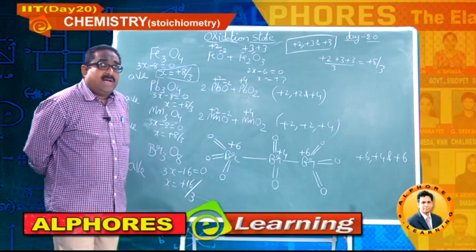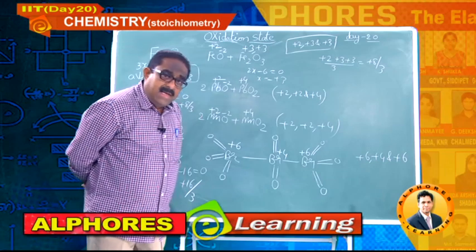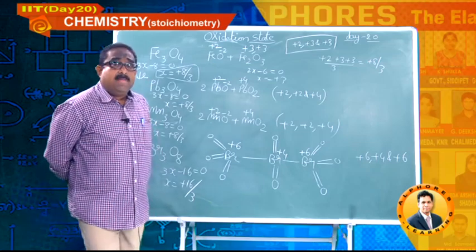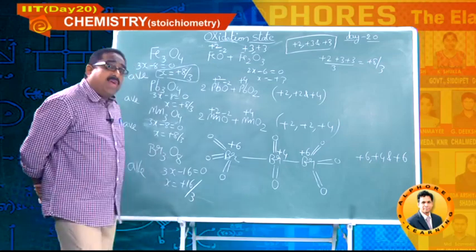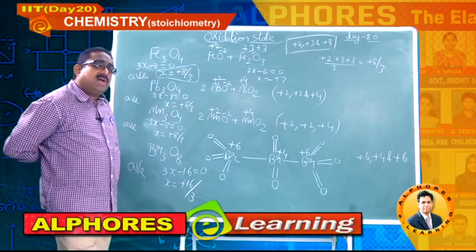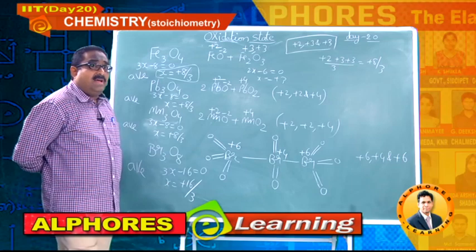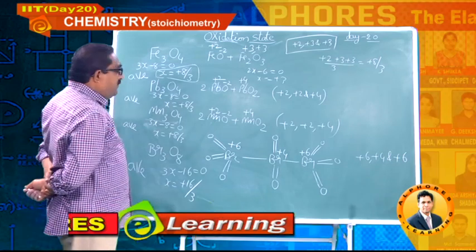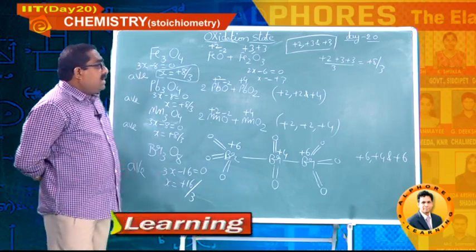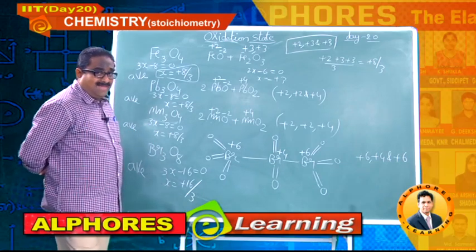So the oxidation state of an atom may be an integer expressed with either a plus or a negative sign, or it may be 0, or a fraction with a positive or a negative sign. These are all the possibilities of oxidation states that can be exhibited by different atoms of different elements. So please concentrate and write down these very good examples, and then I will go for the next set.